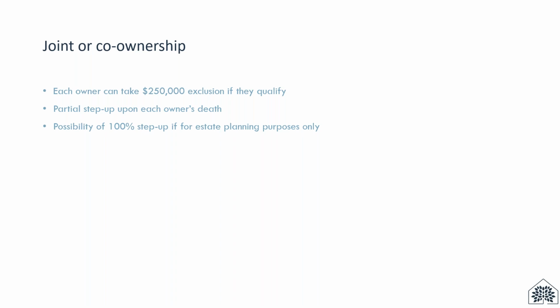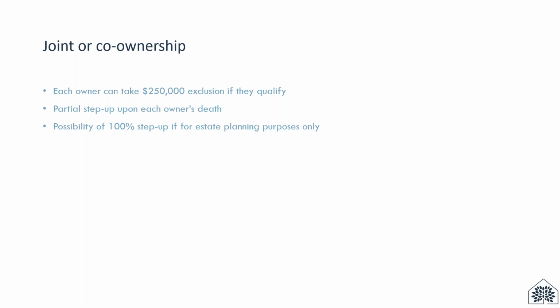Now, often people add a child's name onto their house as joint owners, and there's an argument that when the parent dies, the property should get the full 100% step up, because they really just put the child's name on the property so it would pass to them when they die, and didn't intend to give them the ownership interest at that time.